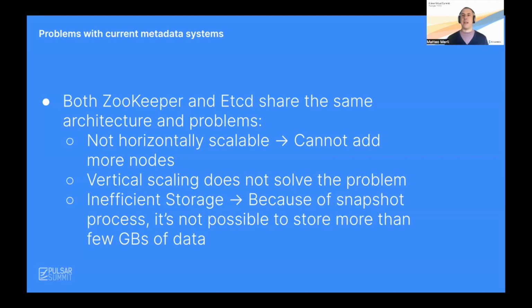So every X transactions, you're going to be writing the entire data set again on disk. Now that involves a lot of I/O, and after one or a few gigabytes, it becomes very, very inefficient. And when you're taking this snapshot, it is stealing all the I/O in the machine, and it causes all sorts of trouble. So that is one reason why you can't have a lot of data in a single ZooKeeper or etcd cluster.